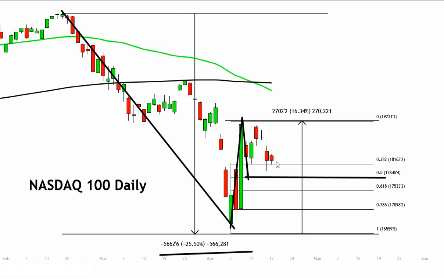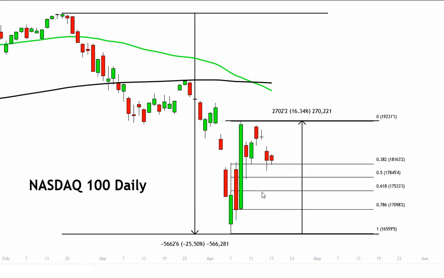So that's where we're at right now. We could still go deeper into the golden pocket, between the 61.8 Fibonacci and 78.6 Fibonacci, down into this range right here. And again, just like the S&P, we're just under that 50% retracement, and we rebounded back up. So far that low is holding as a higher low.